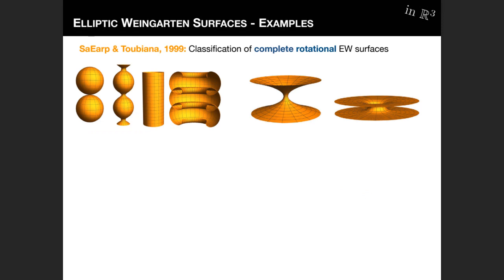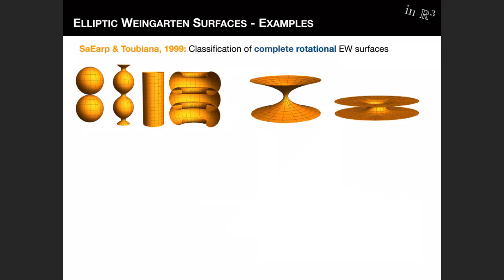So, for example, in 1999, Sa Earp and Toubiana classified all the complete rotational elliptic Weingarten surfaces. So for a given Weingarten equation, they classify all the possible rotational examples that satisfy this Weingarten equation. And it turned out that the situation is quite similar to the situation of constant mean curvature surfaces.